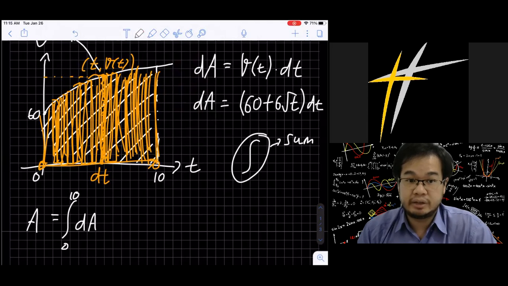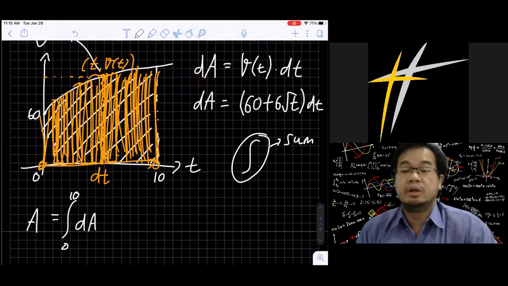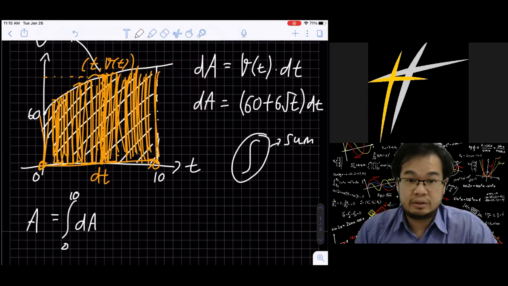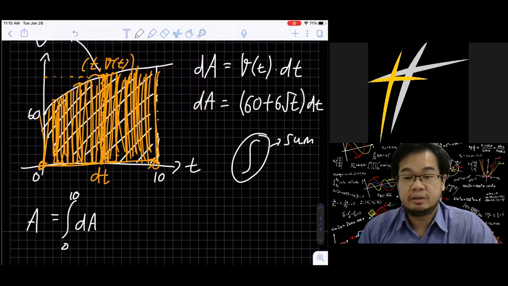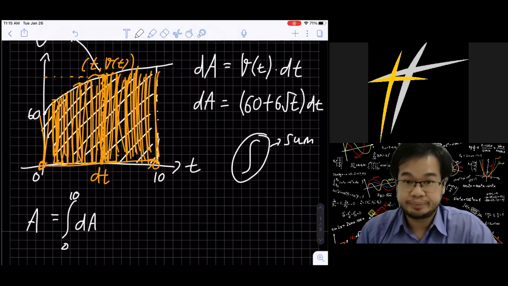In this case, it's the distance traveled from starting to accelerate until the car passes the truck.